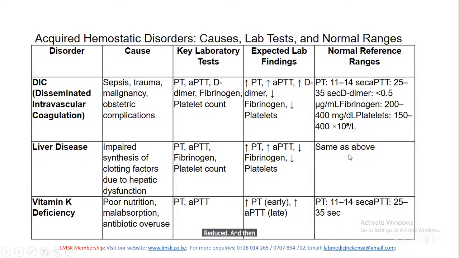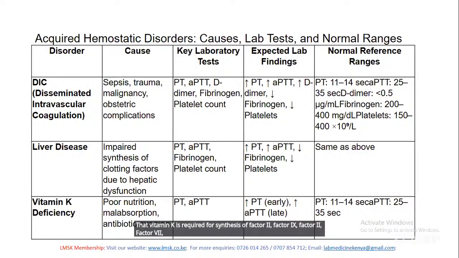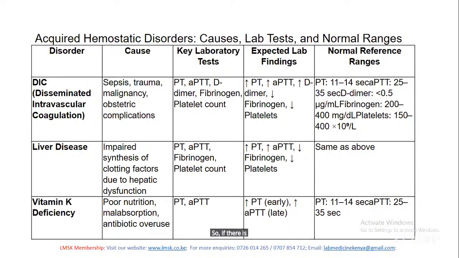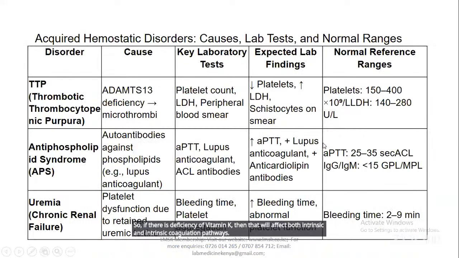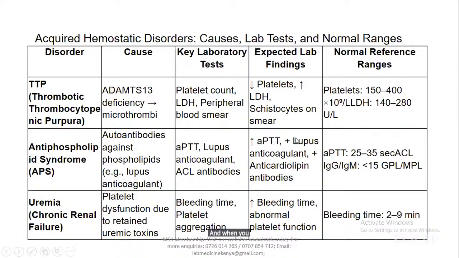And then there is also the vitamin K deficiency. We just said that vitamin K is required for synthesis of factor 2, factor 7, factor 9, and factor 10. So if there is deficiency of vitamin K, then that will affect both intrinsic and extrinsic coagulation pathways. And when you conduct the screening, you will obviously find those abnormalities.